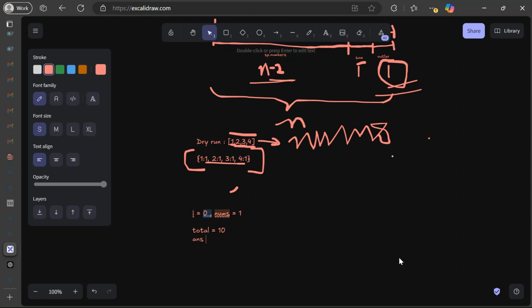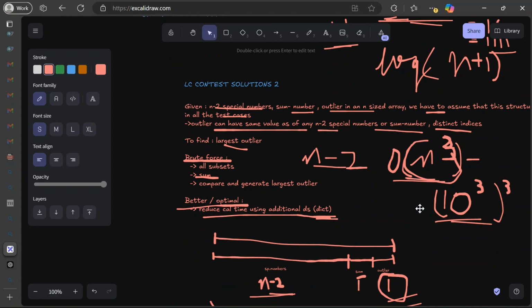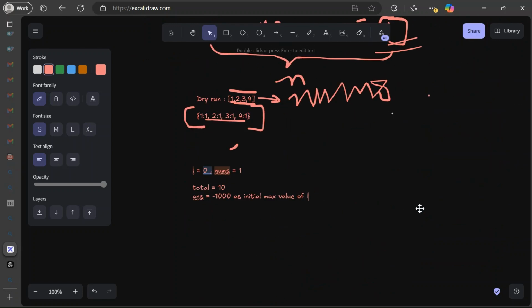And I would store minus 1001 as my initial max value of the largest outlier.